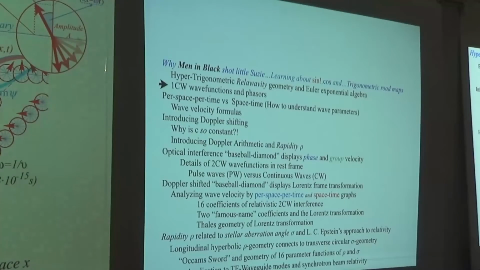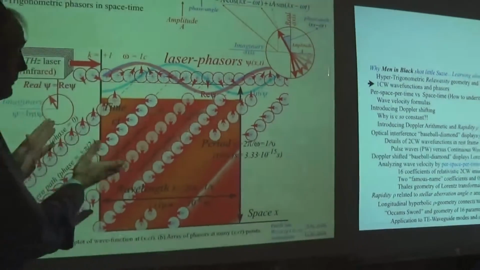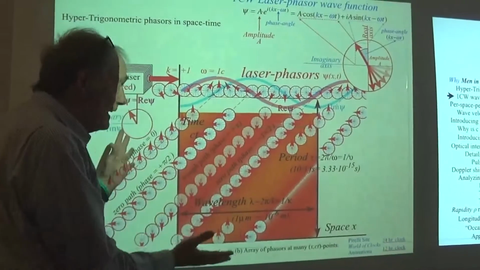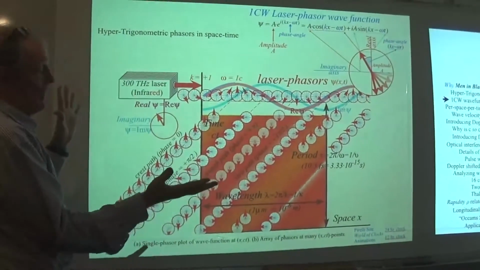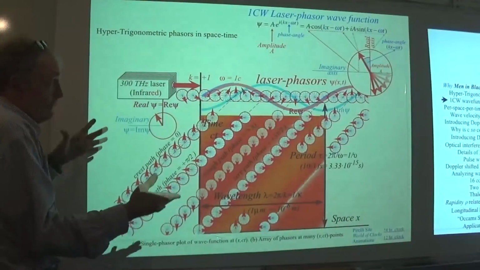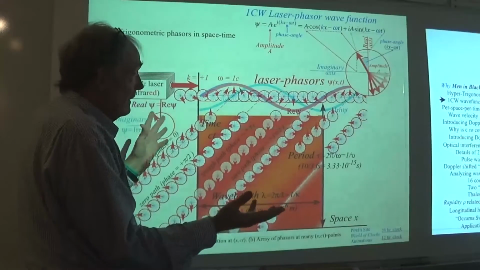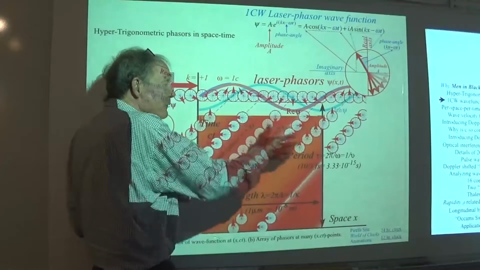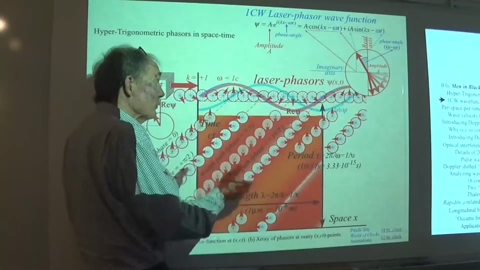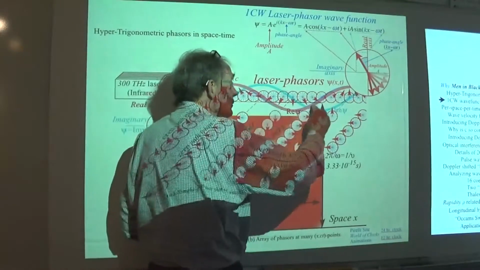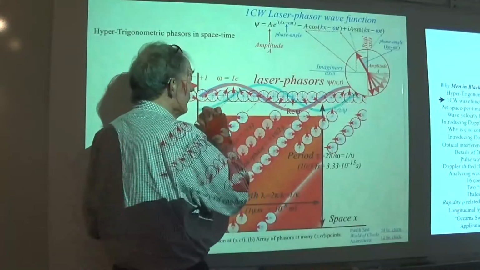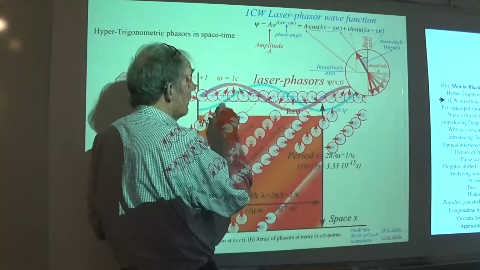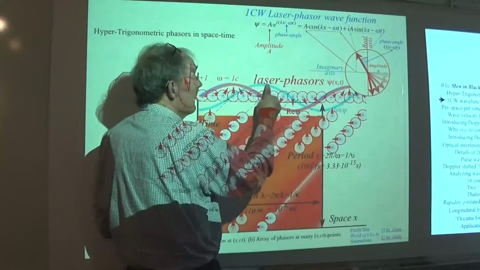Now, here is a picture of a space-time gauge diagram, the way I would draw it, and I just run out of space to put down an infinite number of phasors, but that's what we have. We have a wave that's varying continuously, and this is the wave, and then this is the imaginary part.